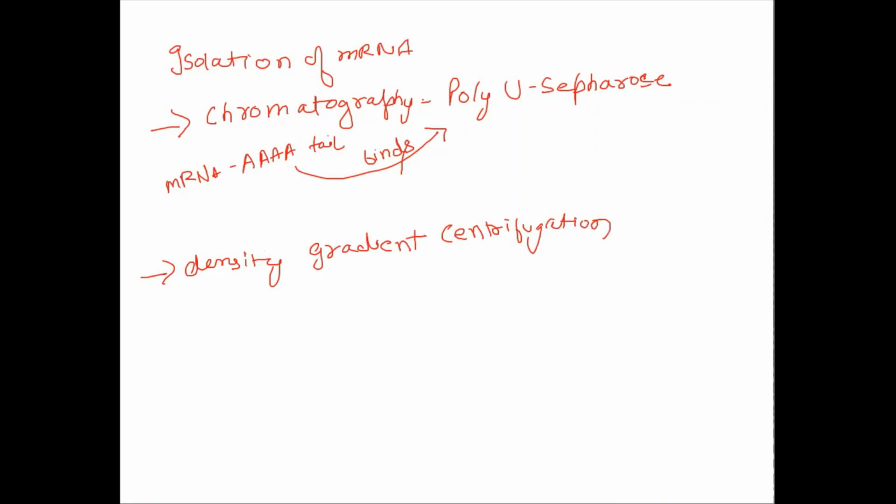Now, what is the next step? The next step is that we are going to prepare the cDNA. So what is cDNA? It's a copy, or complementary DNA, which is produced by using mRNA as the template.